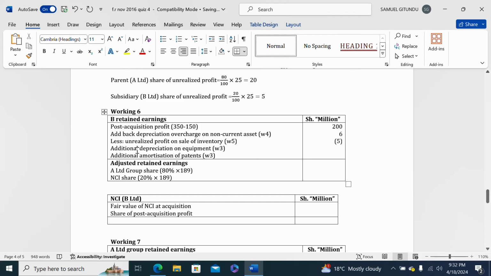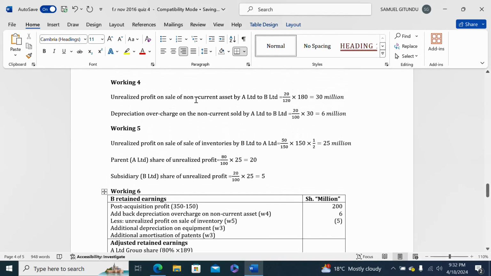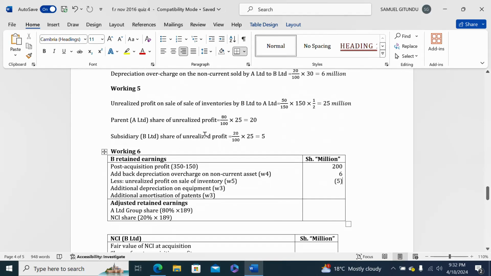Then we have the depreciation undercharge on equipment. So let us call this one the depreciation undercharge, and this one is undercharged amortization.